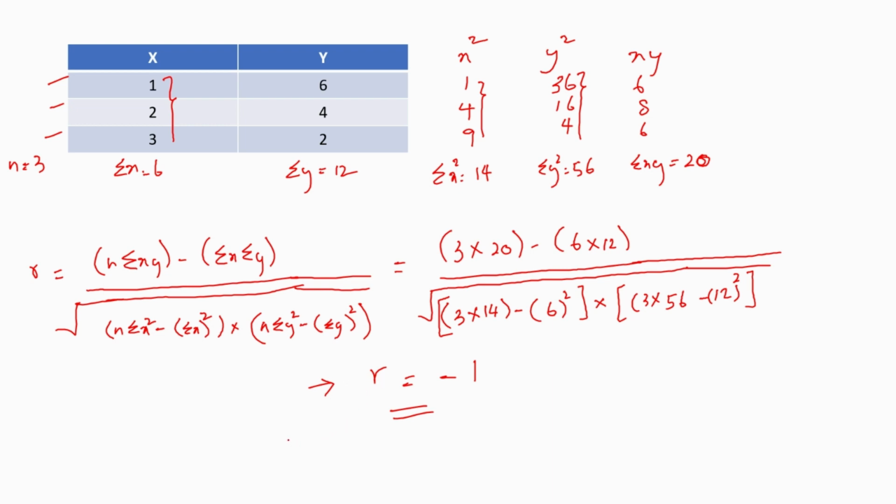Now let's find the coefficient of determination, which equals R squared, which equals minus 1 squared, which is 1. This means the variation of the y variable can be perfectly explained by the x variable.